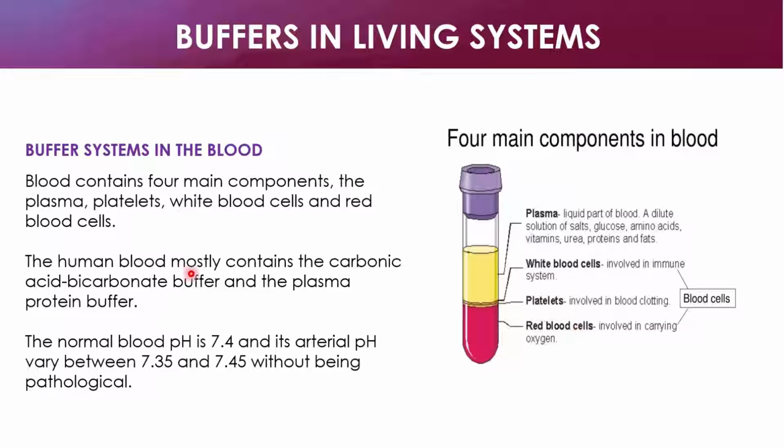The human blood mostly contains the carbonic acid bicarbonate buffer and the plasma protein buffer. The normal blood pH is 7.4 and its arterial pH varies between 7.35 and 7.45 without being pathological.